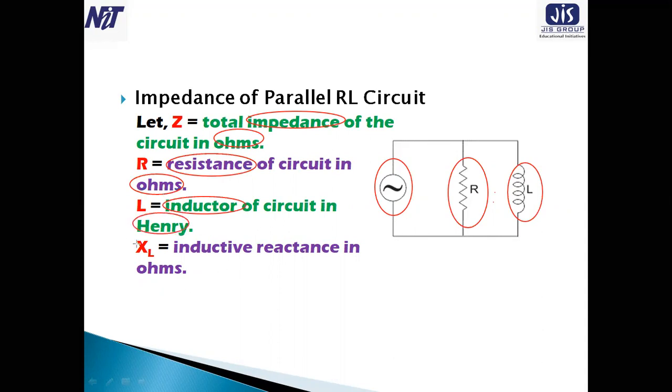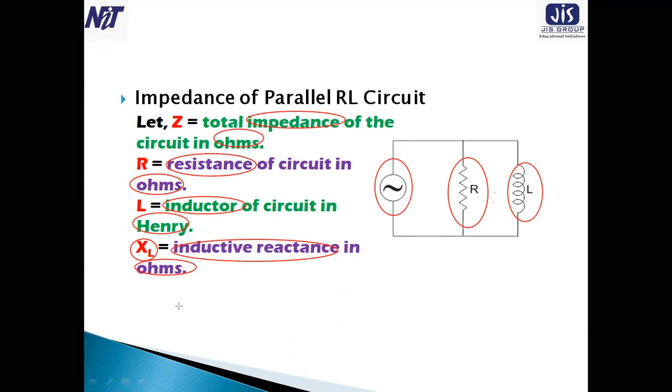And the last one is XL. XL is the inductive reactance in ohms. So XL is inductive reactance. If it is XC, it is for an RC circuit, capacitive reactance.